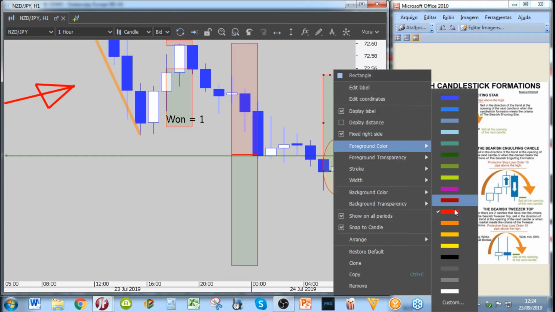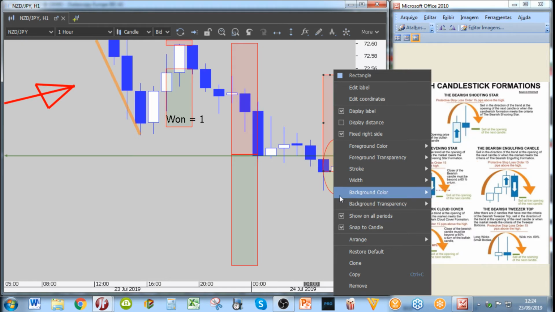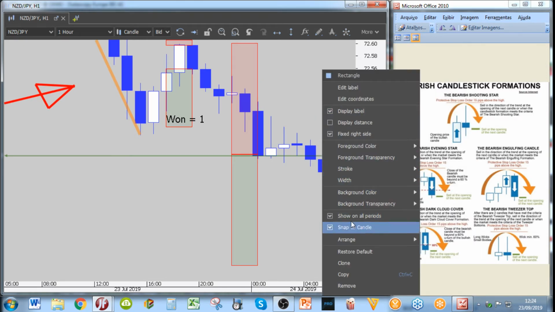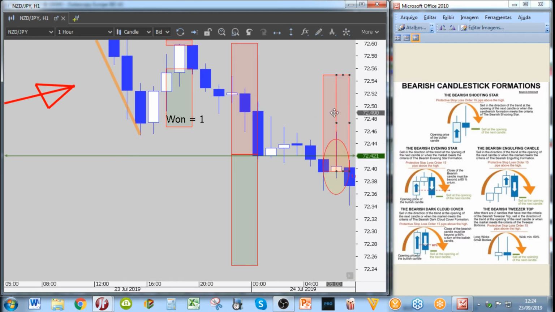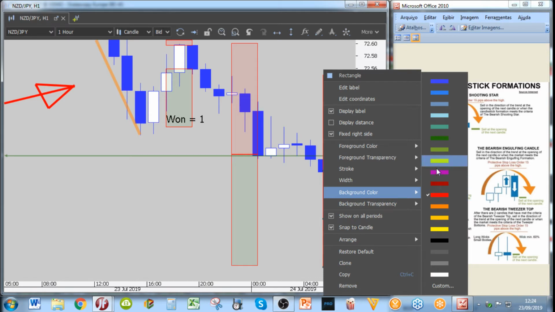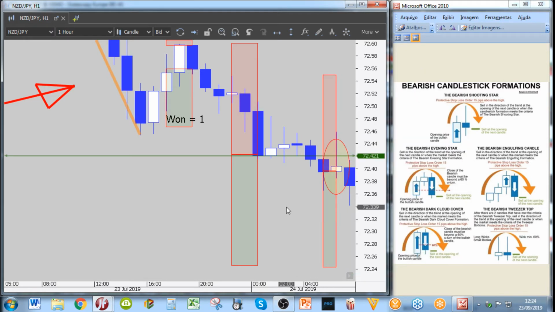Okay, let me see, background color, and the reward, 1 for 1, clone, right? I'm going to 1 for 1. This is going to be the risk and the reward. Shooting star says any, maybe yes. Shooting star, Silas, maybe yes, okay.